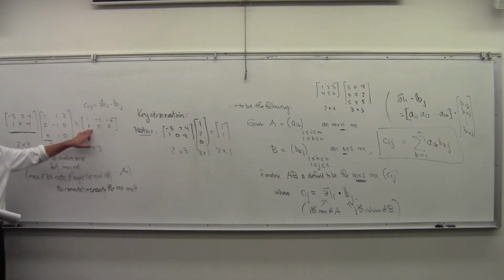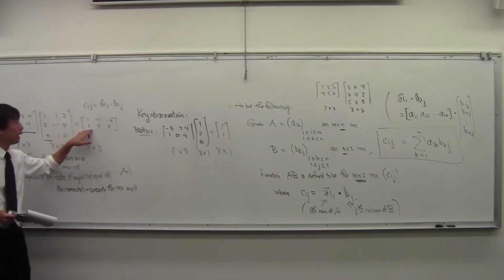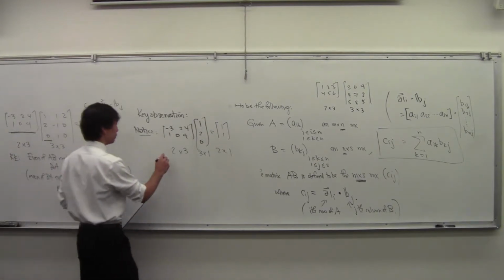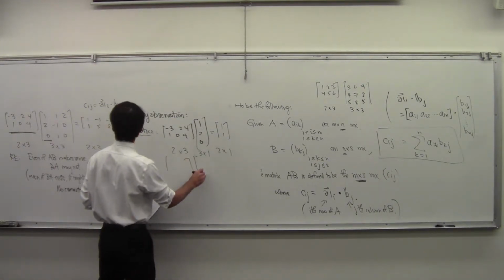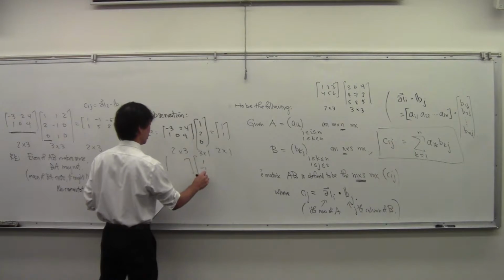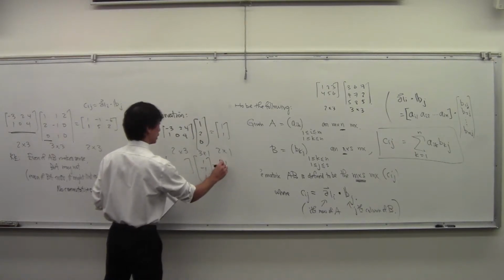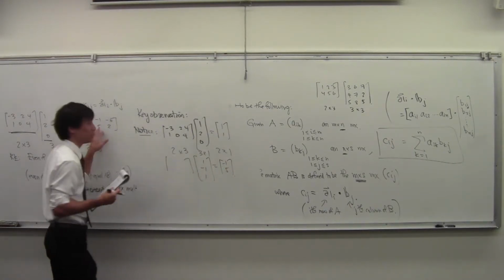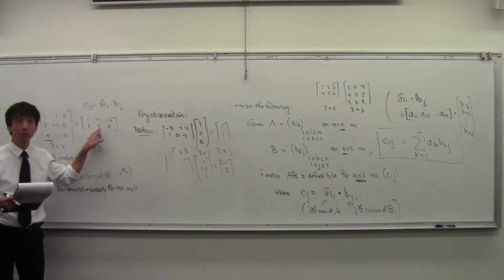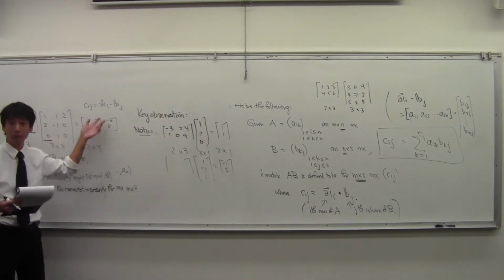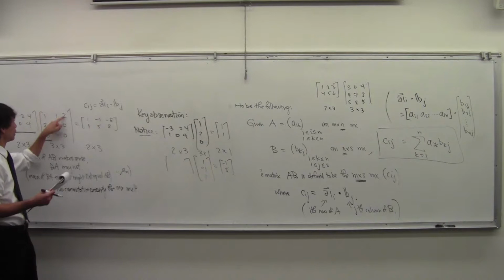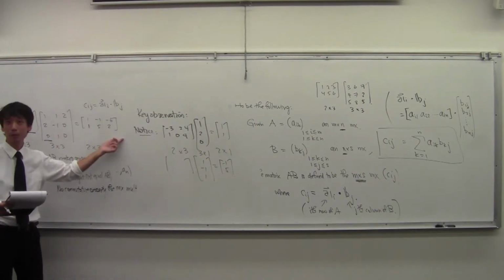And if I multiply this matrix by the second column, 1, -1, 1, I'm going to get the second column of this matrix. If I do it against the third column, I'm going to get the third column of the matrix.